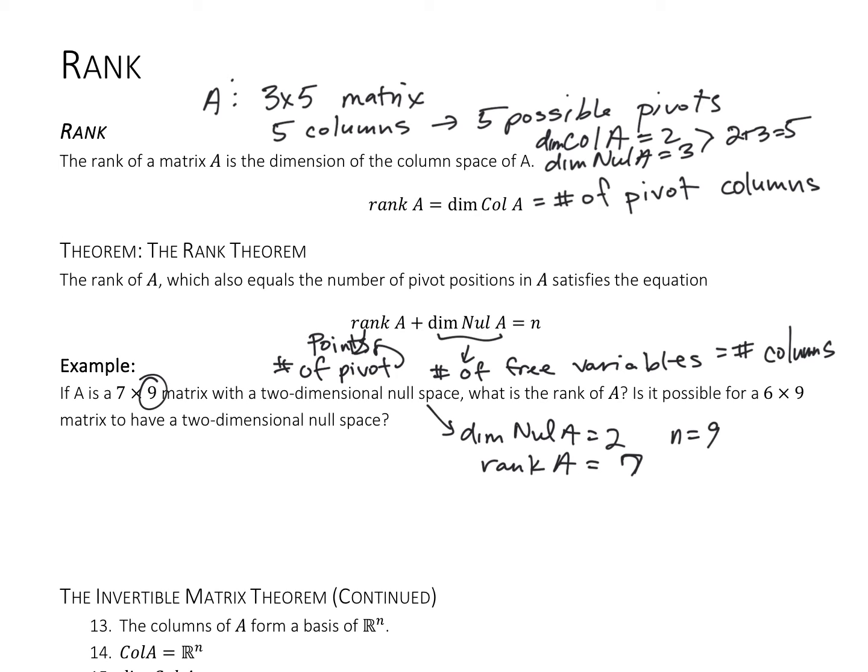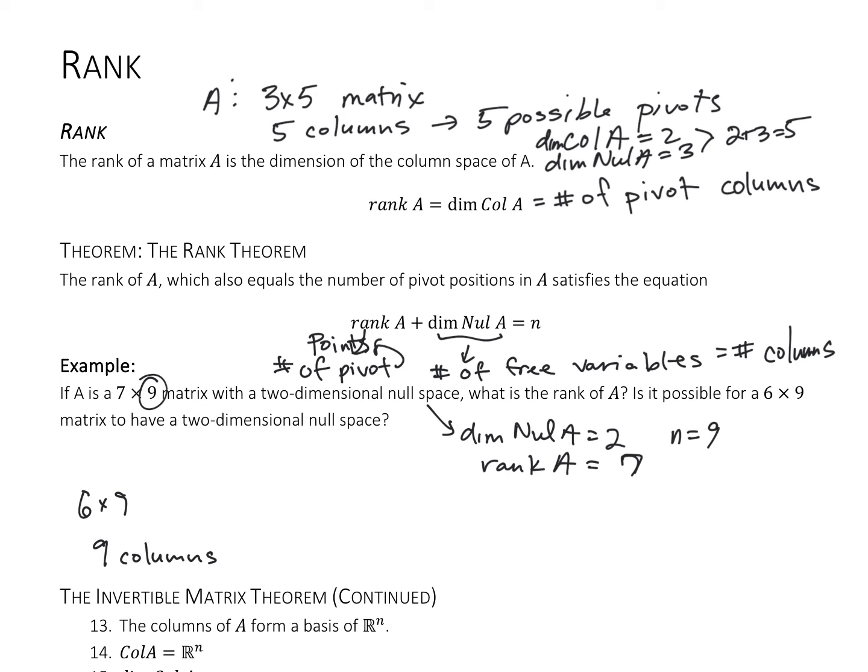So this takes a little bit more thinking and a little bit more mental gymnastics to really come up with a thought process here. So if I have a 6 by 9 matrix, that would mean I'd have 9 columns, right?